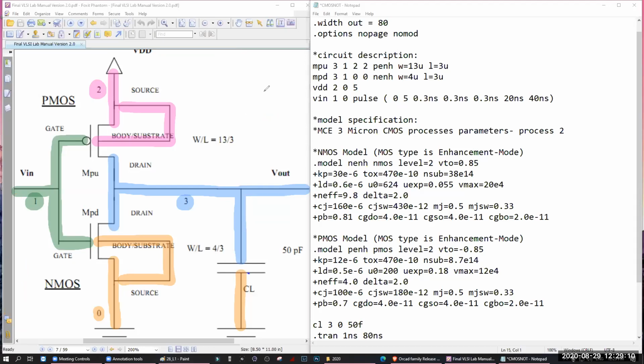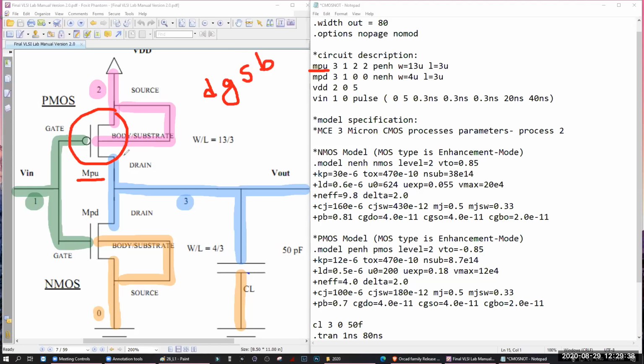How? See. This is MPU. MPU is the pull-up transistor. How is it connected? Give a space. 3, 1, 2, 2. That means this one, right? The sequence will be drain, gate, source, body.